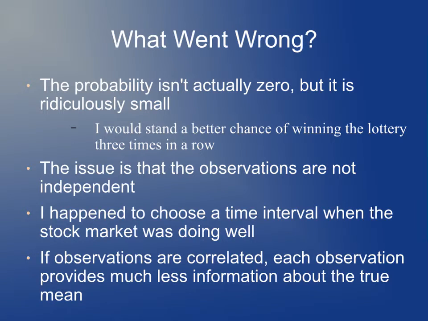I'd stand a better chance of winning the lottery several times in a row. The problem here is the observations are not independent. I took a sample of size 100 from a time interval when the stock market was doing well. If the observations are correlated, then each individual observation provides less information about the true mean.